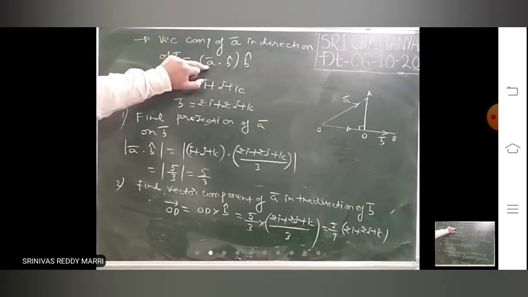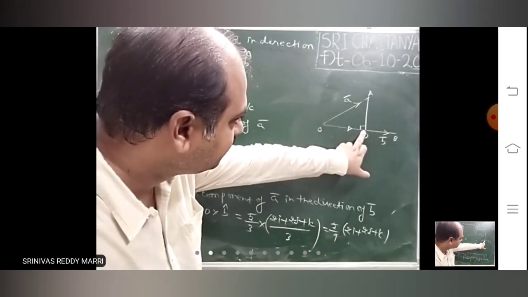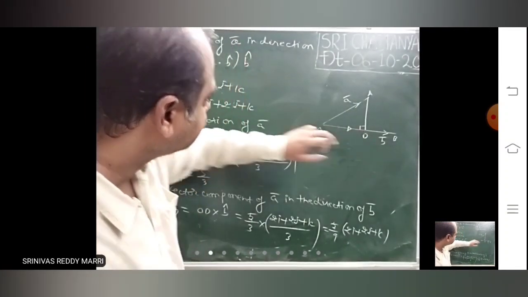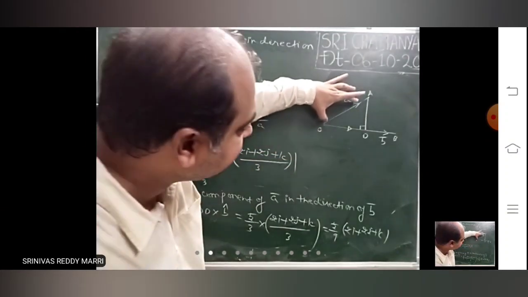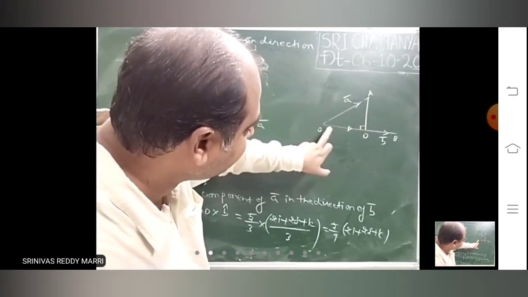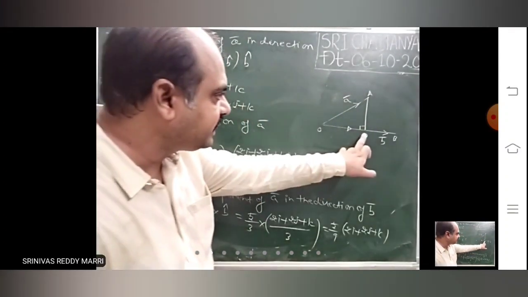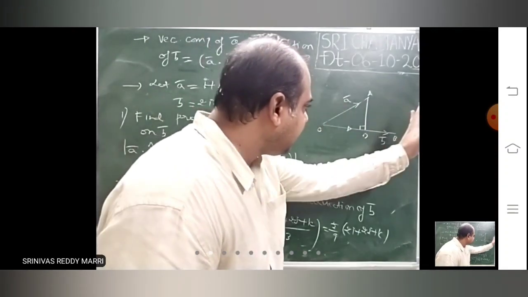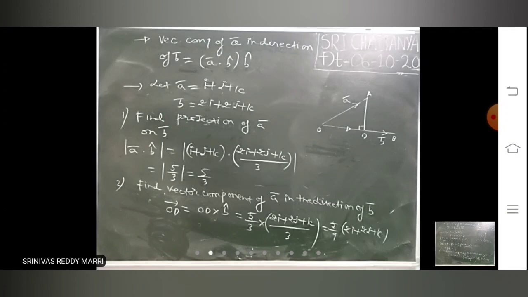A dot B cap into B cap. There will be confusion in remembering this formula. Whenever you need, you try to draw the diagram, and then OD length you calculate, and then OD bar means that length into unit vector in that direction. That is easy method to write. Or otherwise you remember this formula.